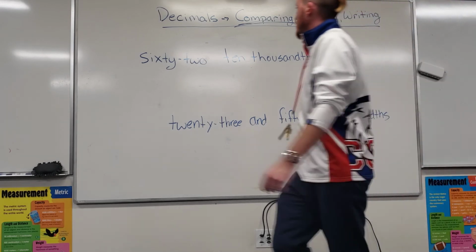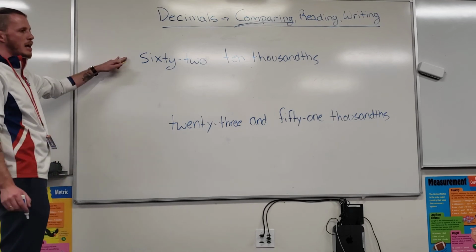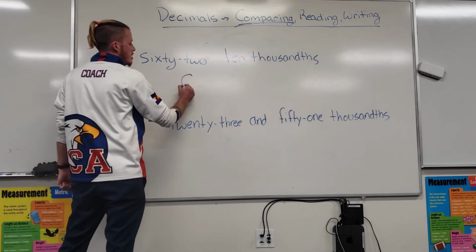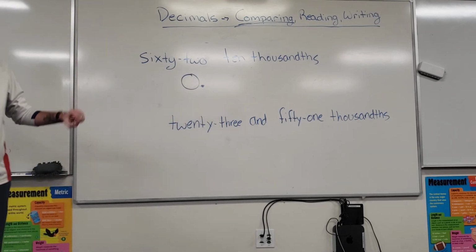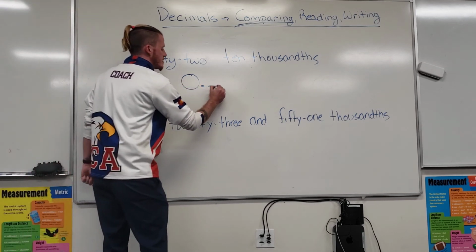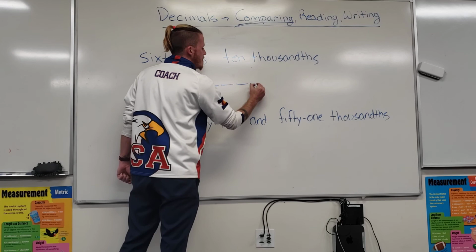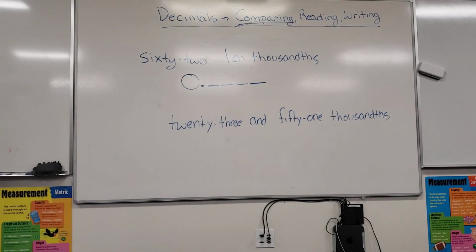Okay, so 62 ten thousandths. I don't see an "and" and there's nothing before it, so I know that I have 0 for my whole number. Then I need ten thousandths, so I'm going to go ahead and outline that. So we've got tenths, hundredths, thousandths, and then ten thousandths. So I've got 4 decimal place values here.